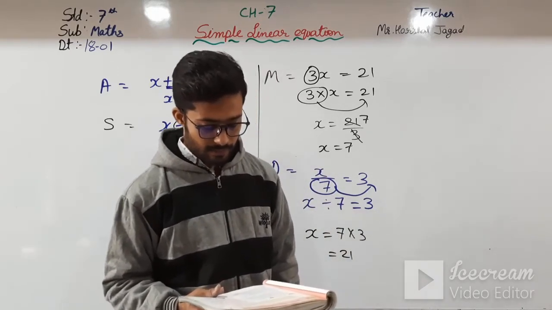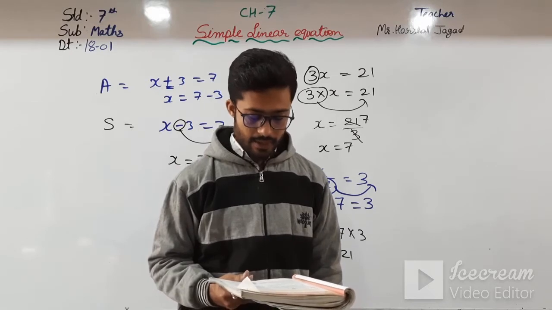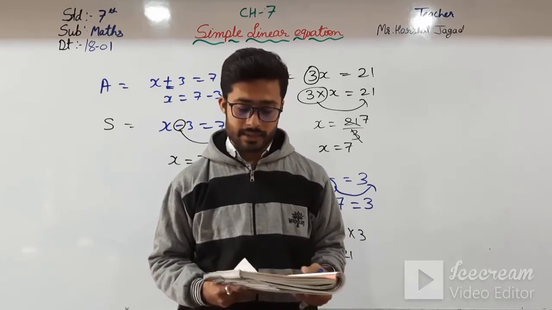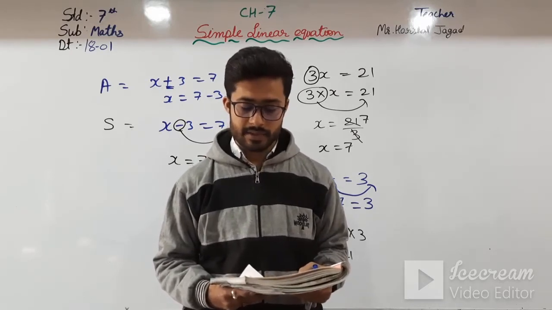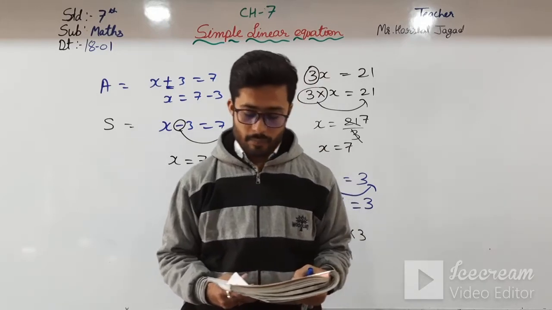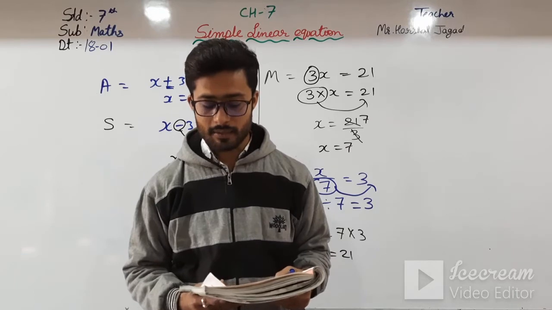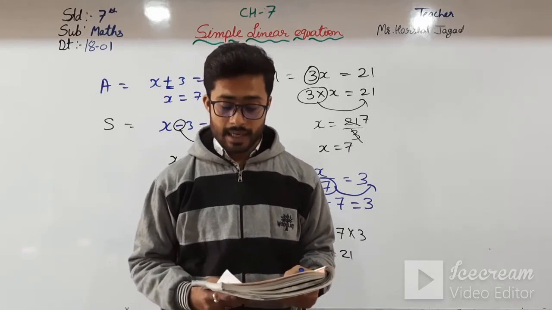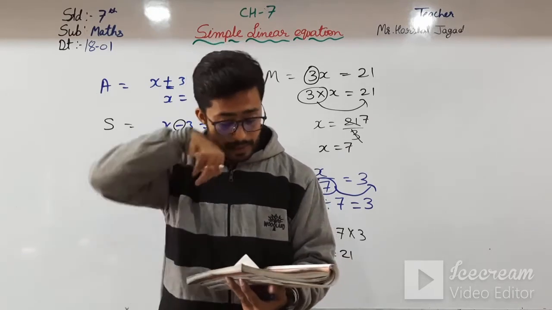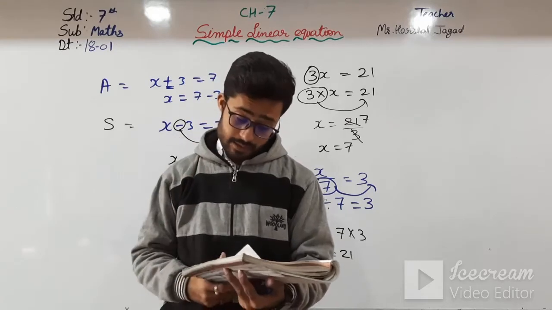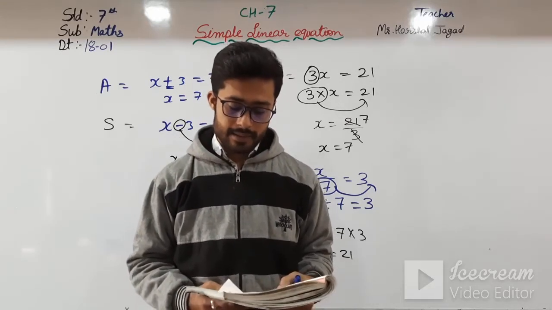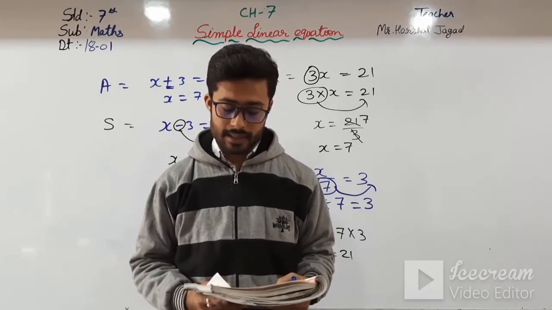Recall that a variable is called so because it does not have any fixed value, but it is used in algebraic expressions and equations to denote an unknown value. Problems such as x plus 3 is equal to 7, 2x minus 7 is equal to 3 are called equations. In an equation, the left hand side of the equation is equal to the right hand side. This fact is shown by an equal sign in between them.